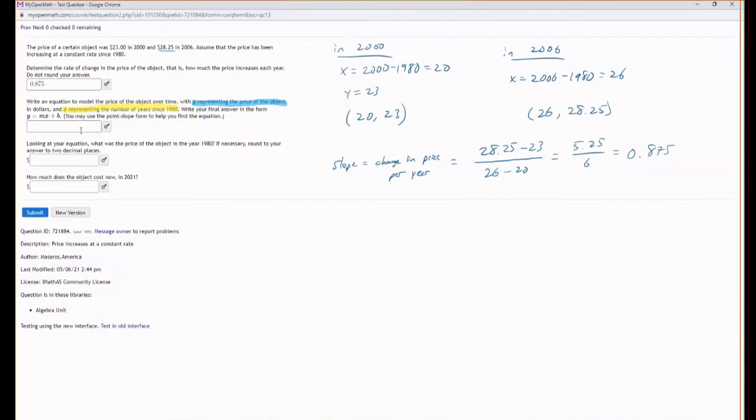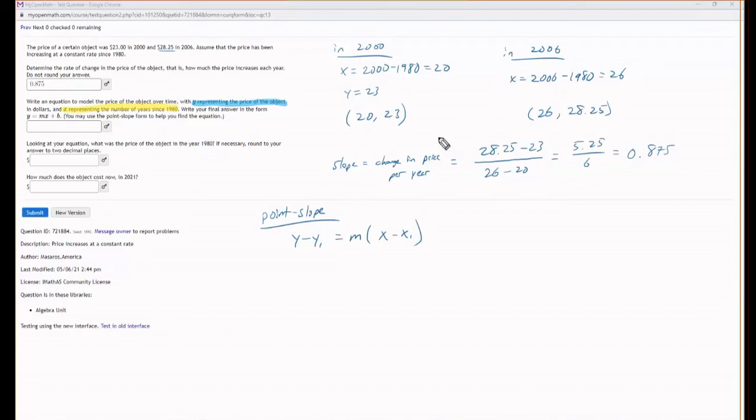All right. To get our equation, I'm going to do the same thing that we did in the last one. I'm going to start with the point slope formula. y minus y1 equals m times x minus x1. And what I said before is I usually like to pick the lower numbers. In this case, 2023 is lower, but they're about similar.